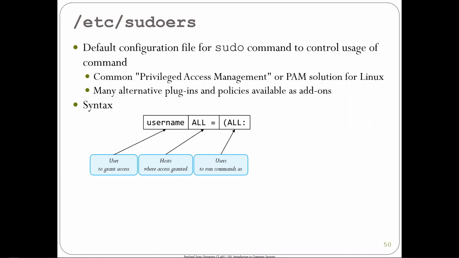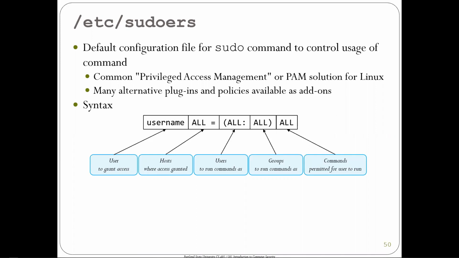Then in parentheses you say which set UID users this username has access to run as. This is your users part. Then what set UID groups will this user be able to elevate as? That's the next part. And then finally, which commands will this user be permitted to run?